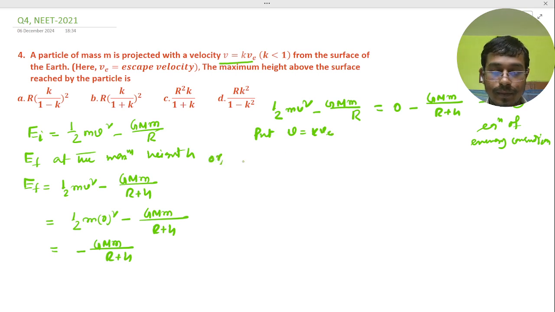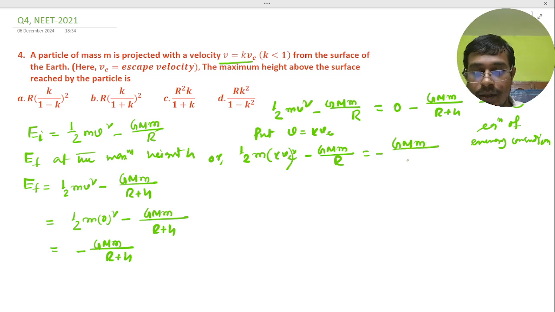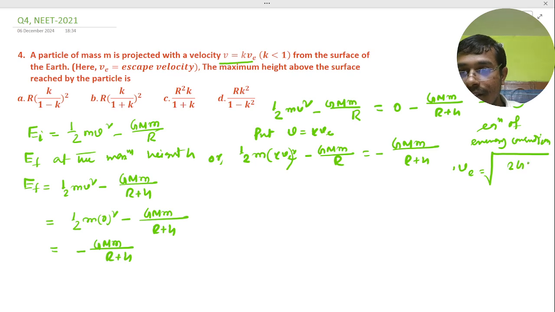So putting half m k v e whole square minus GMm by r equals minus GMm by r plus h. Now the formula of escape velocity that we wrote a minute ago, 2GM by r, put here.